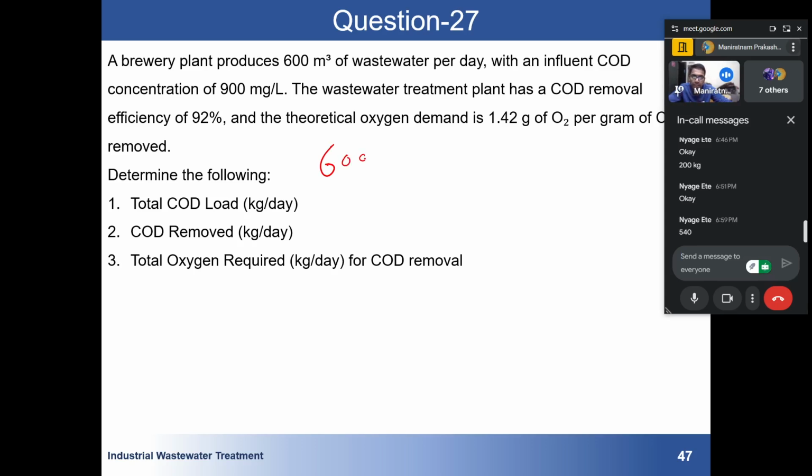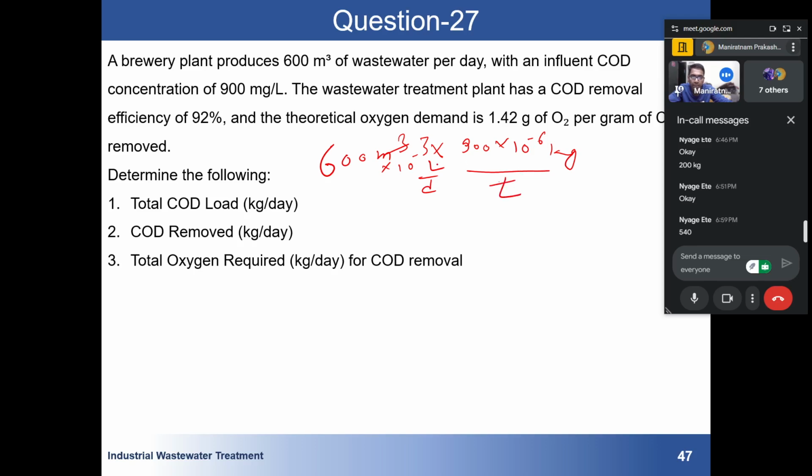It will be 600 meter cube. So it will be 900 into 10 to the power minus 6, and I will be converting into 10 to the power minus 3 liter. So liter per day, and 900 is kg per liter.